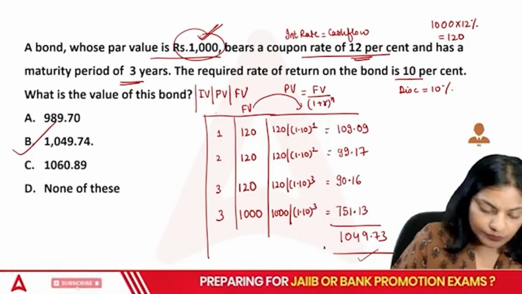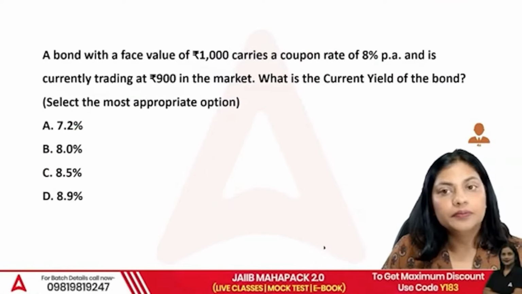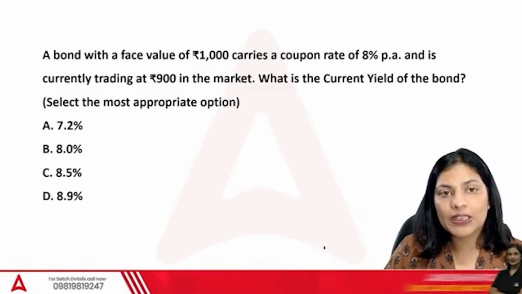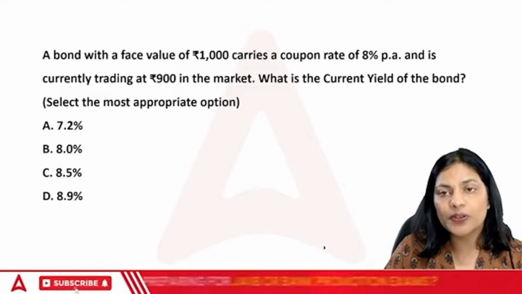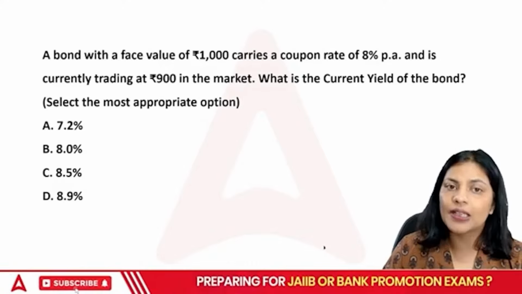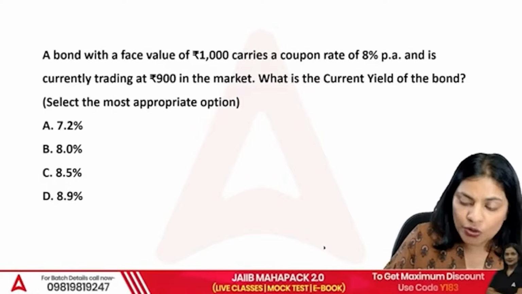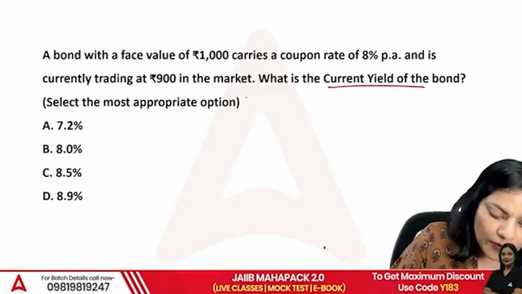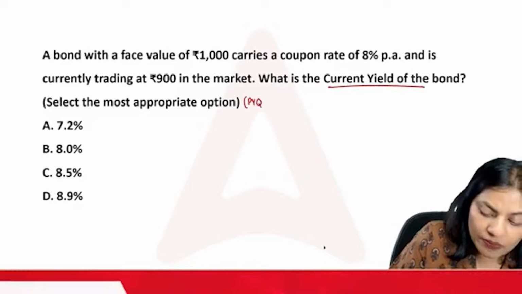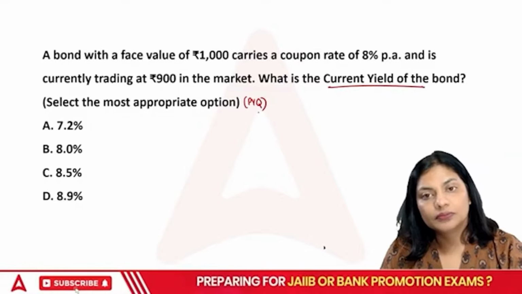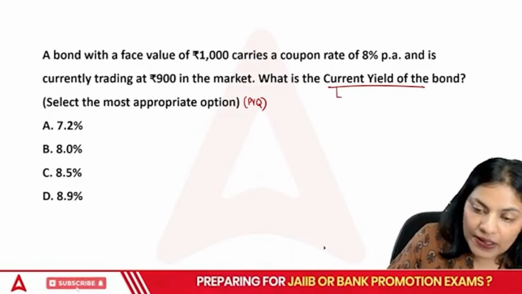Correct? Now, a bond with a face value of 1,000 carries a coupon rate of 8% and is currently trading at 900 in the market. You are required to calculate the current yield of the bond. Again, a previous year question. Now, what is the formula of current yield?